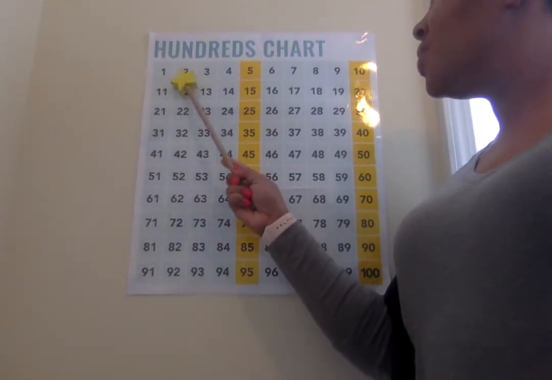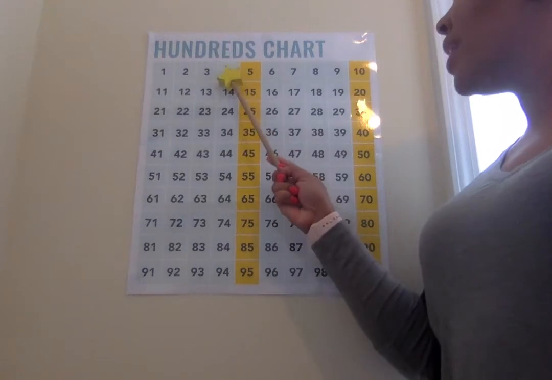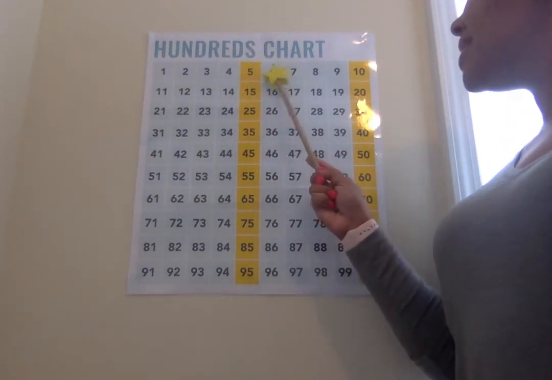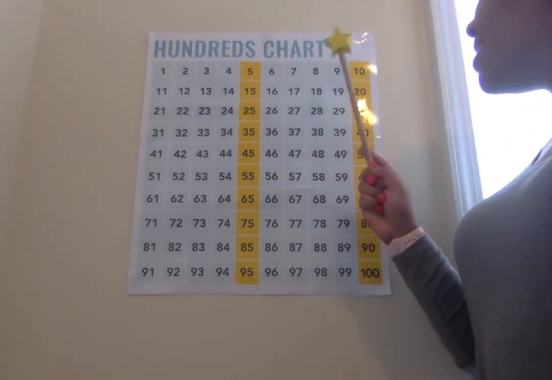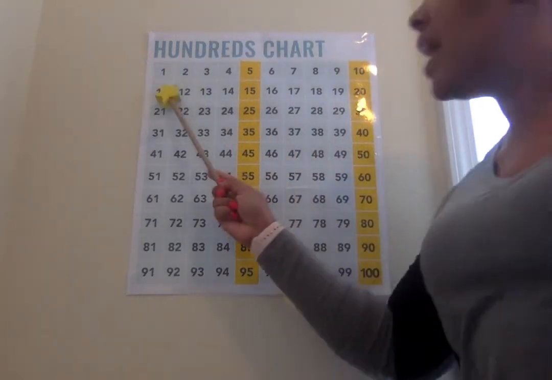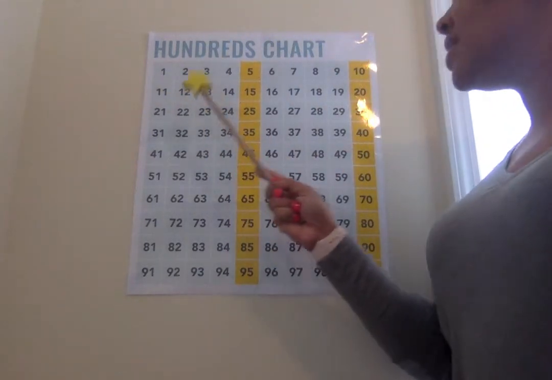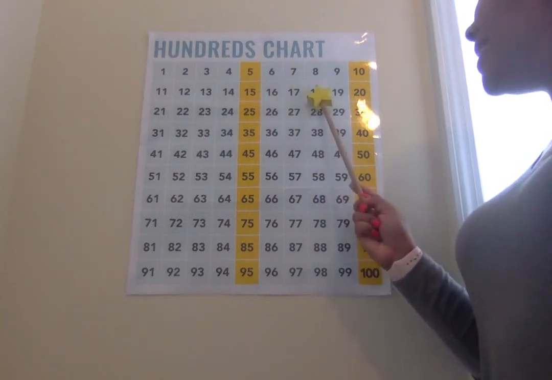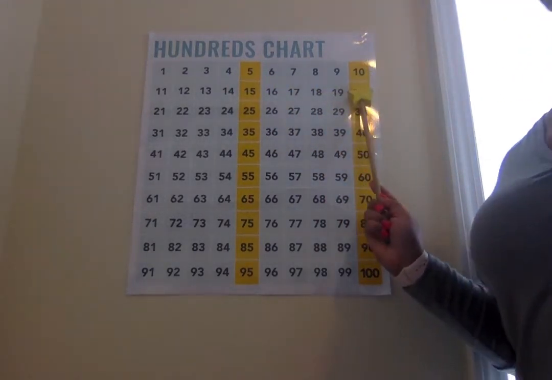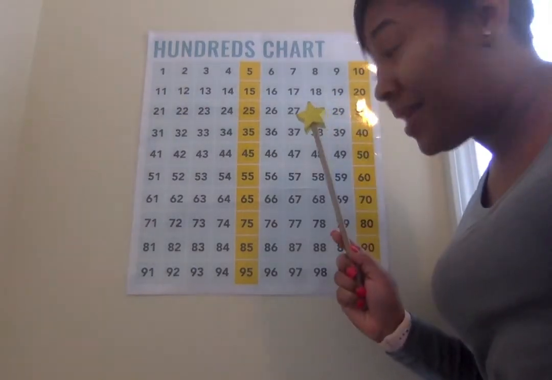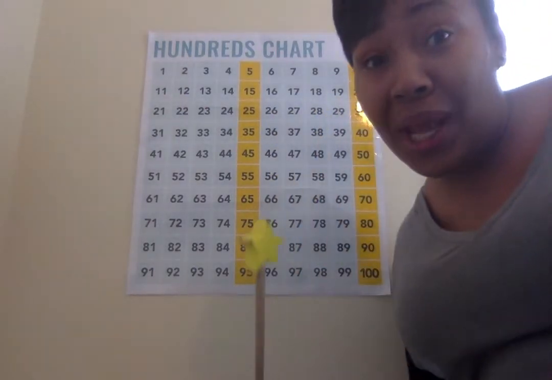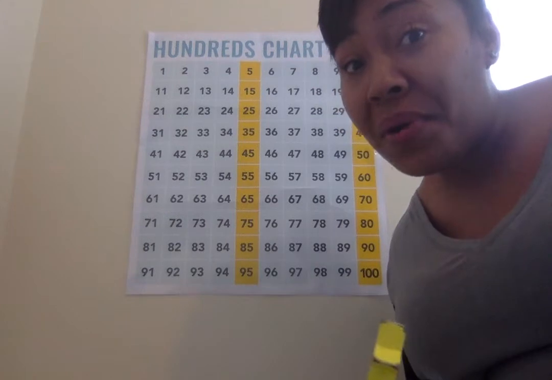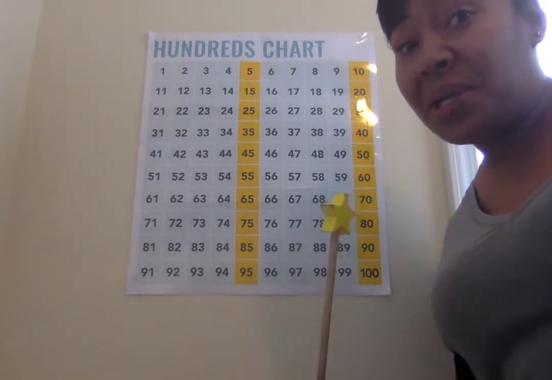1, 2, 3, 4, 5, 6, 7, 8, 9, 10, 11, 12, 13, 14, 15, 16, 17, 18, 19, 20. Whoa, Kipsters, we counted to 20, but now I want to know if we can count backwards from 20.